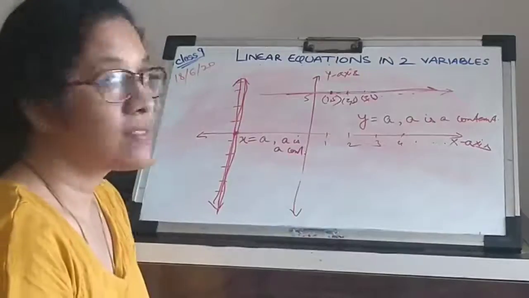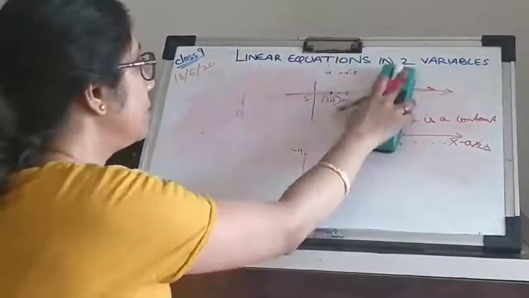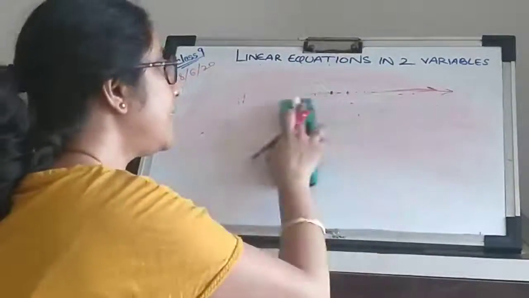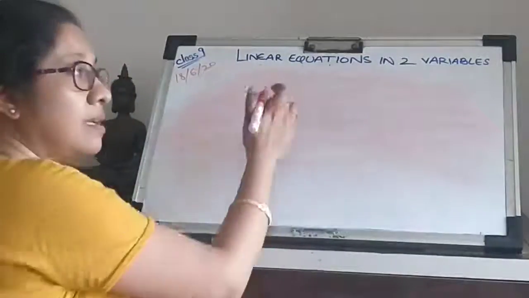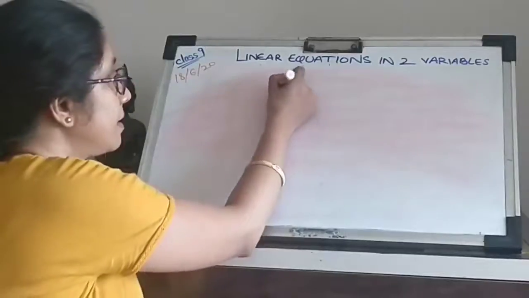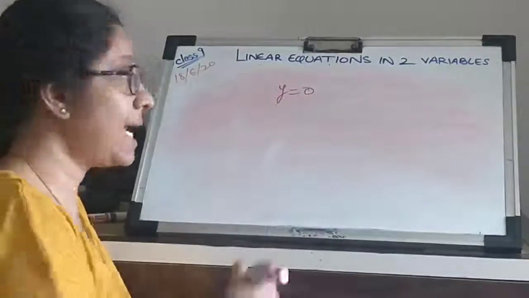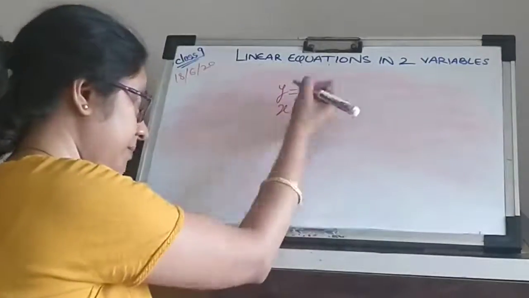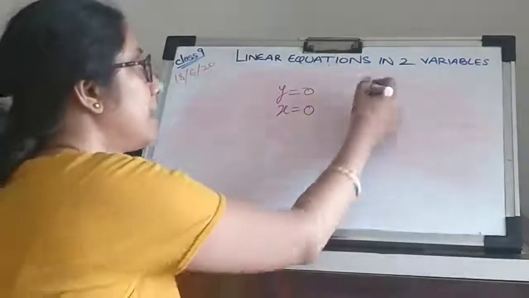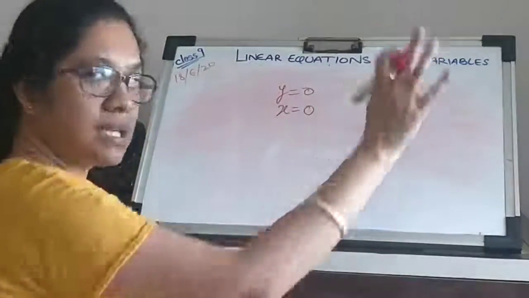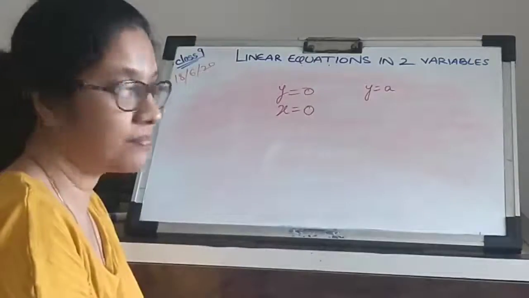So what did we learn here? Four things we must remember. The equation of the x-axis is y equal to 0. The equation of the y-axis is x equal to 0. The equation of any line parallel to the x-axis is y equal to a, where a is some constant; it will not change whatever the value of x.